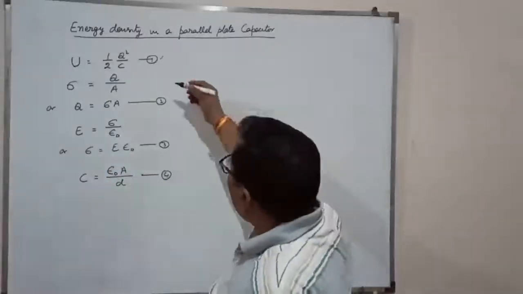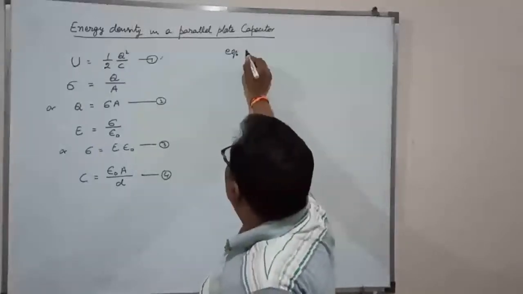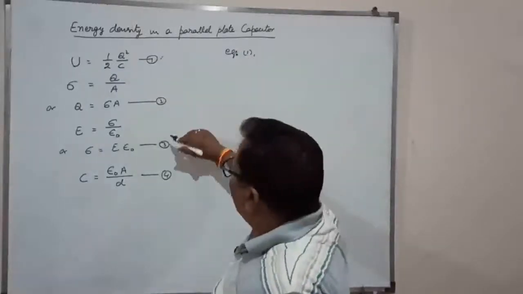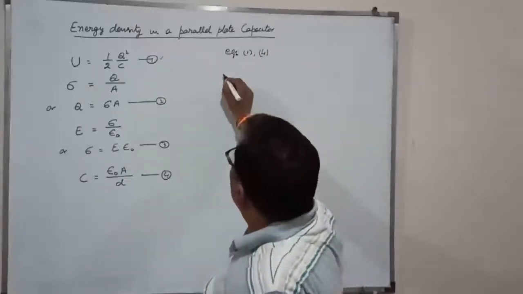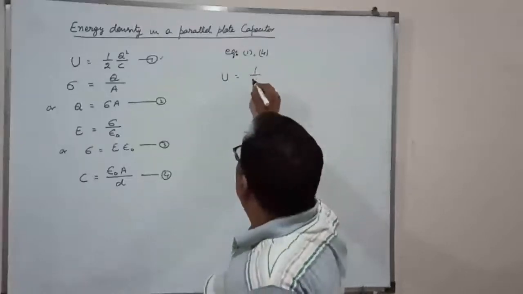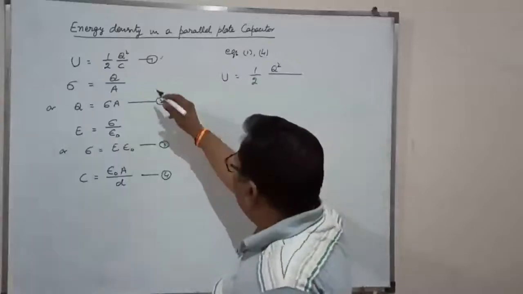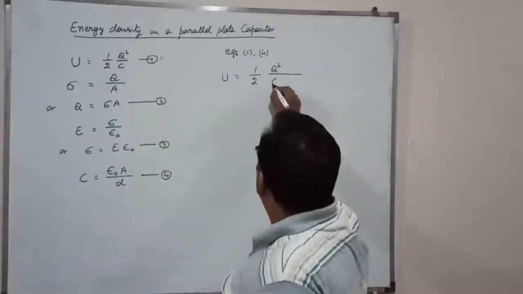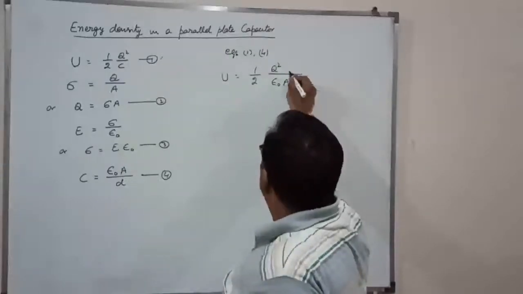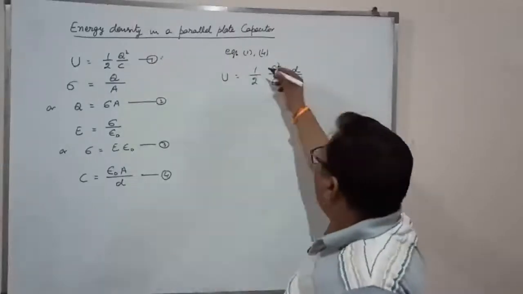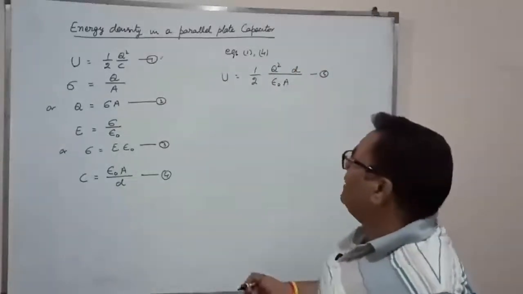Then from equation 1 and 4, U is equal to half Q square upon epsilon 0 A upon d, that is half Q square d upon epsilon 0 A. Suppose this is equation 5.